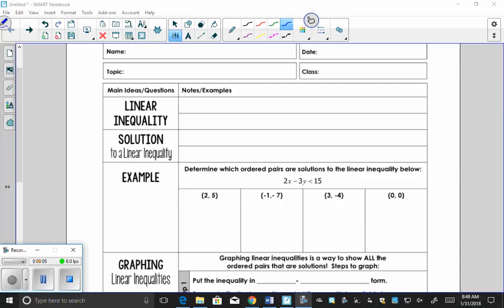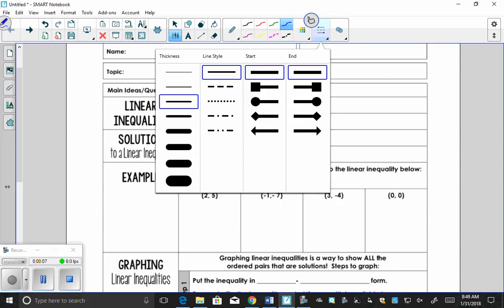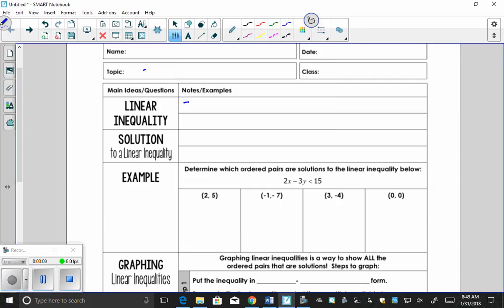is similar to a linear equation but it uses an inequality symbol.